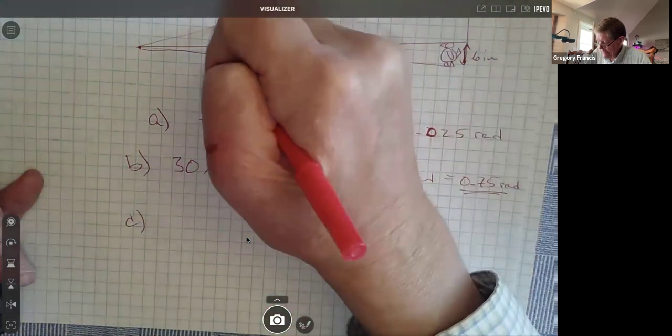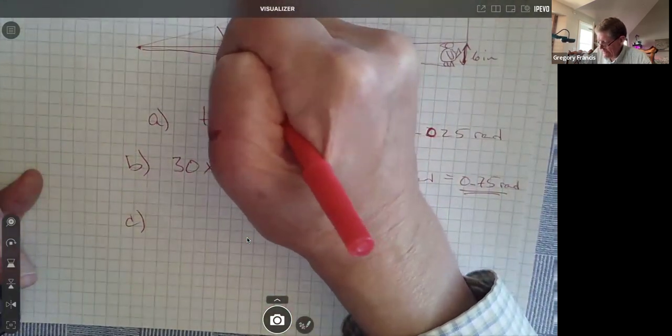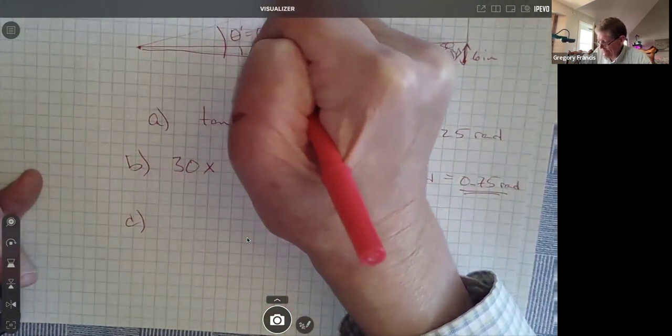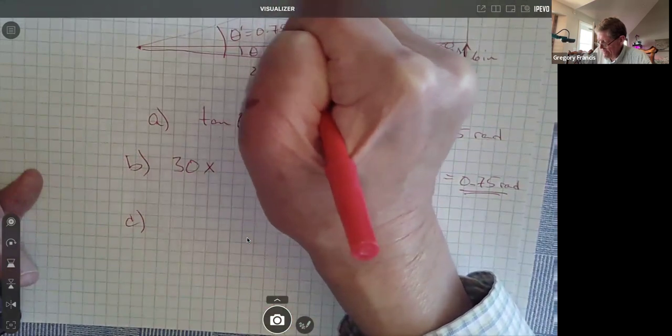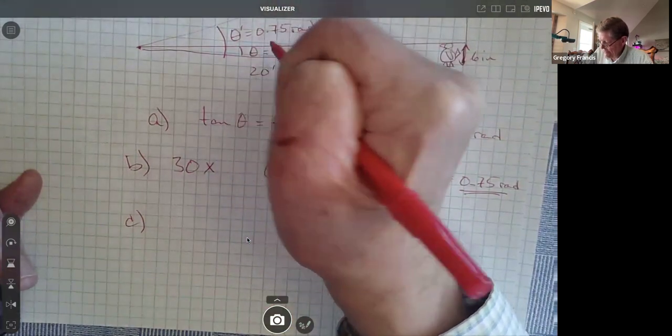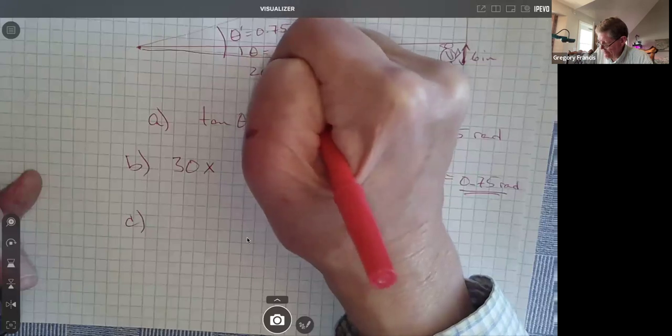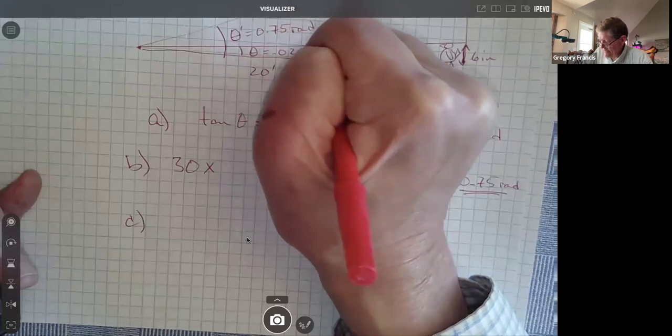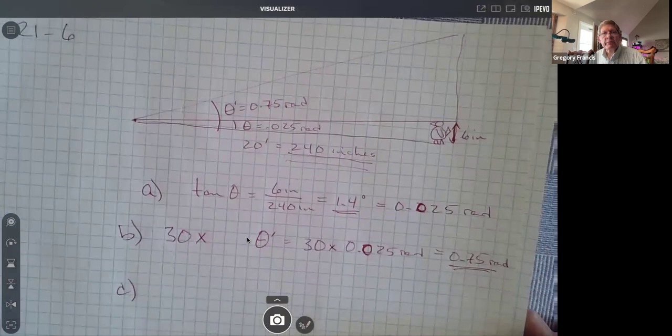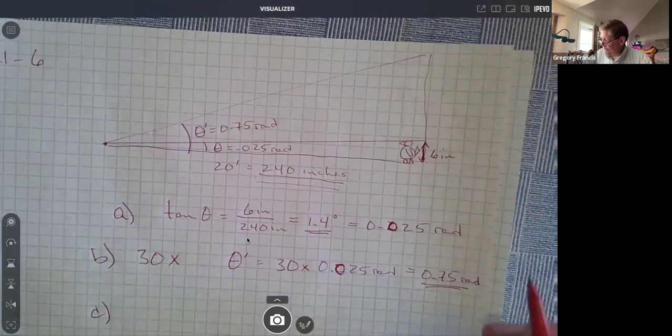We're going to have a new angle of 0.75 radians, where this was 0.025 radians. So the angle is going to be 30 times bigger.